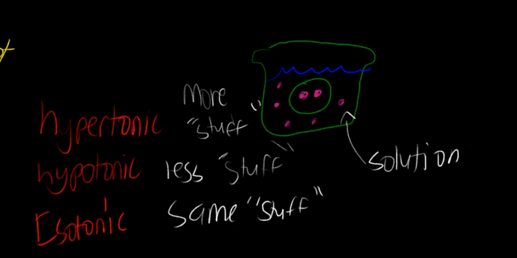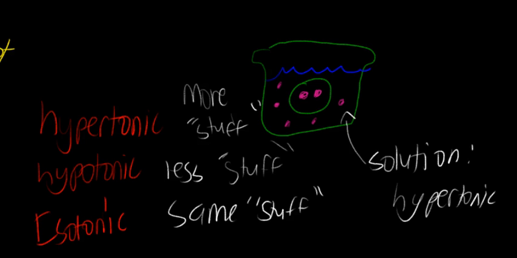Now, if we look on our cheat sheet, we see that more stuff means that it's hypertonic. So, hypertonic. Now, you may have gotten confused. We're talking about the solution with respect to the cell. So we're deciding which one between the cell or the solution has more stuff.